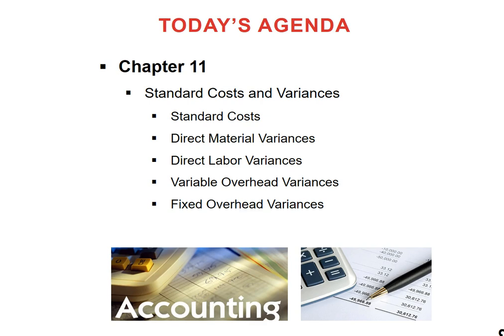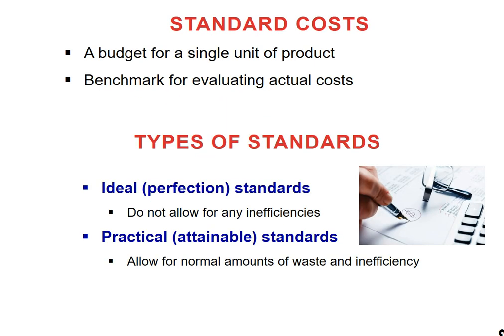So we will also learn how these three costs can vary from the budgeted one. So we will compare the budgeted costs, and we will also check the actual cost, and the differences we will call variances. So let's first learn what we mean by standard cost.